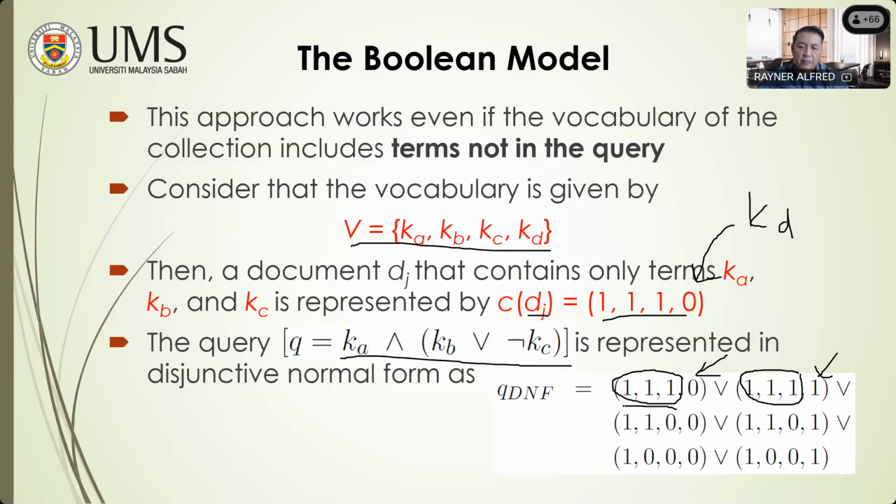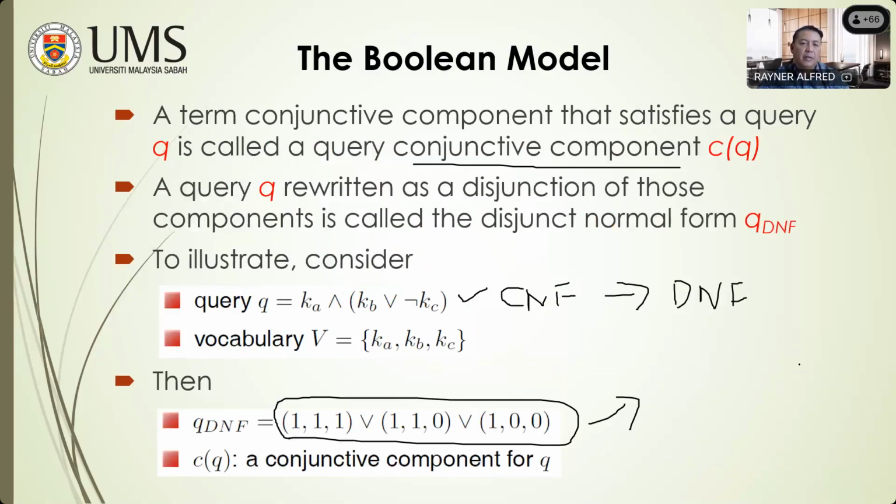And this is for the second one. You don't care about the KD here. As long as you have 110, because if you have 110, this is one, so this is not 0, you become 1, so the whole thing will become true. So these are the 3 bits coming from here just now. This is the representation of the query.